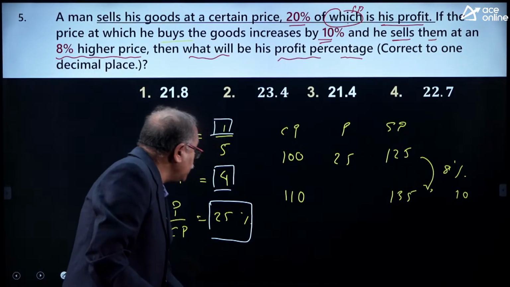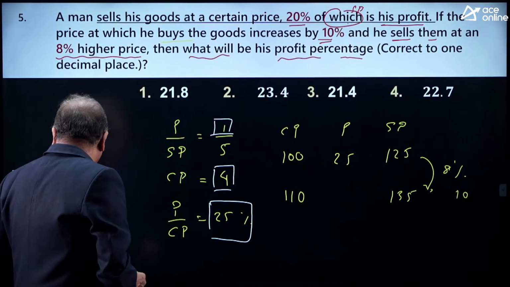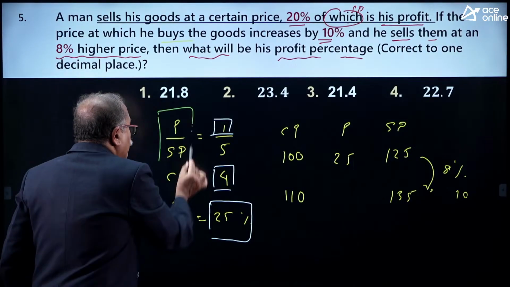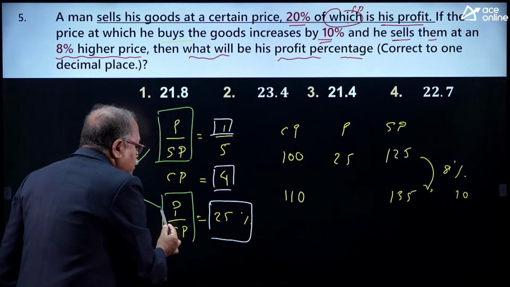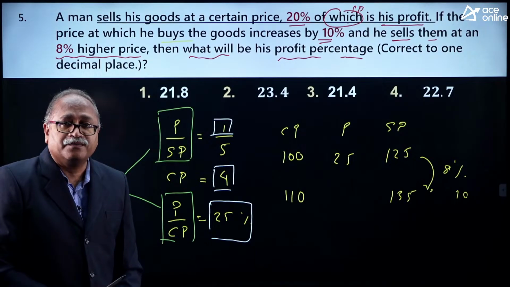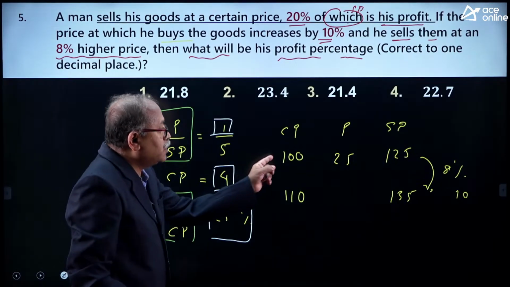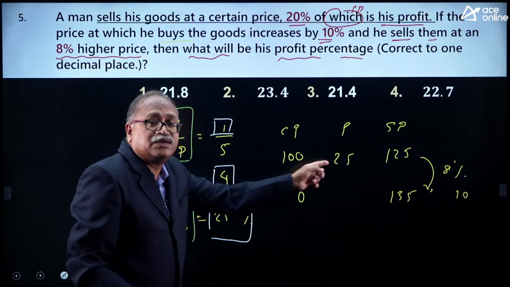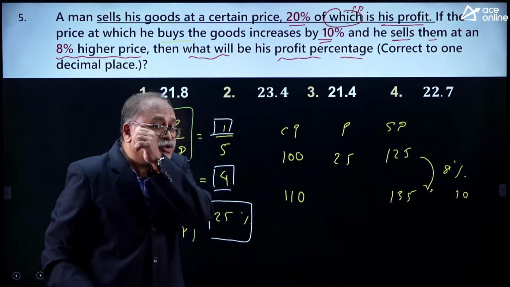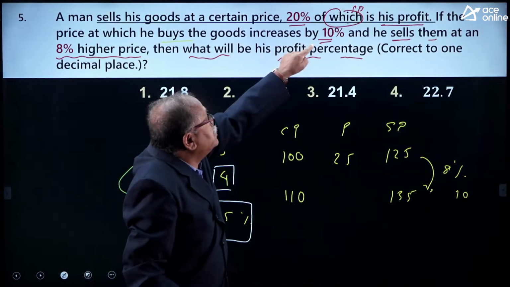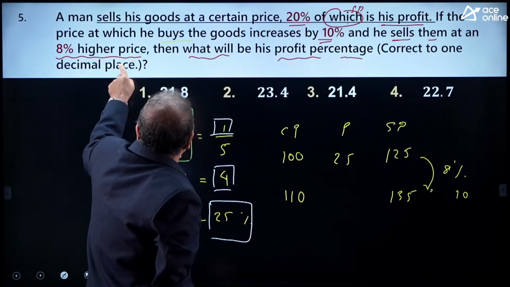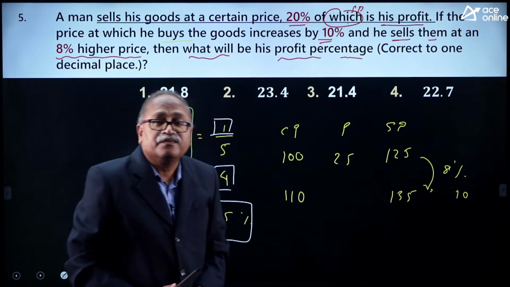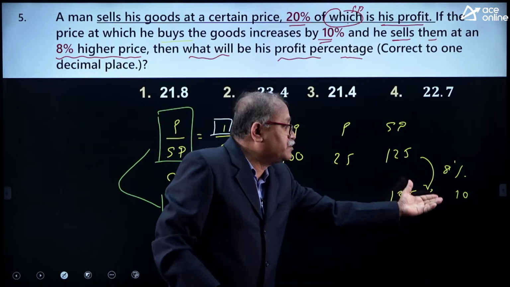Up to this it is clear how we have converted profit over selling price to profit over cost price. You must have understood this part. Now, we have taken that if the cost price is 100, the profit is 25 and the selling price is 125. Now, we applied the changes. Cost price increased by 10% and the selling price increased by 8%. So, 8% of 125 is nothing but 10.